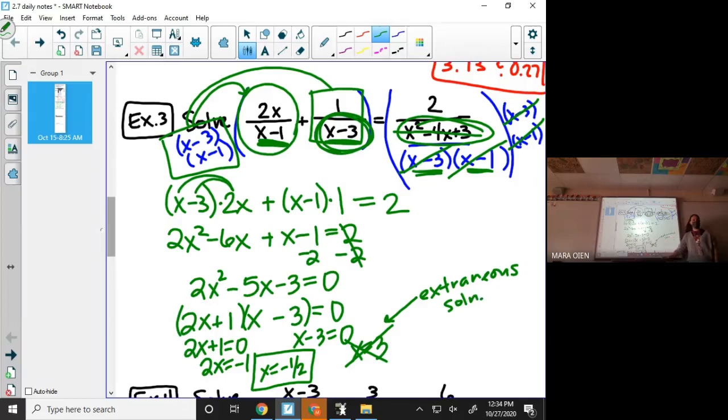You do not need to tell me it's extraneous. I want you to actually cross it off and say, don't count this one, okay? But I wrote it on the homework so that if you were checking your work, you would recognize that, oh, I have to remember to cross this one off and say it's extraneous. Okay, so just know you don't need to even tell me extraneous. The only answer to this problem is x equals negative 1/2.